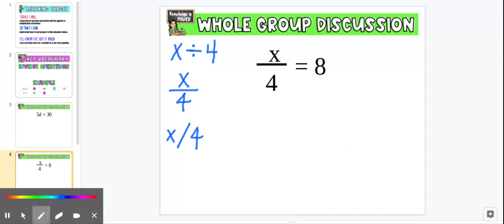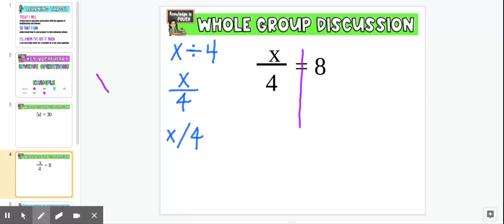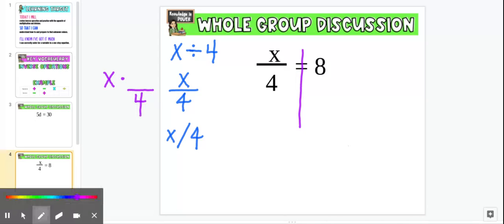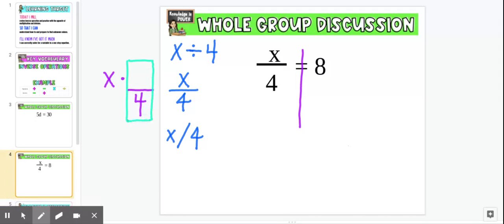Again, like last time, we want to create a giant 1. Another way to think of this is x times something divided by 4. If I'm creating a giant 1 here, my bottom number, my denominator, is 4, so my top number, my numerator, has to be 4.